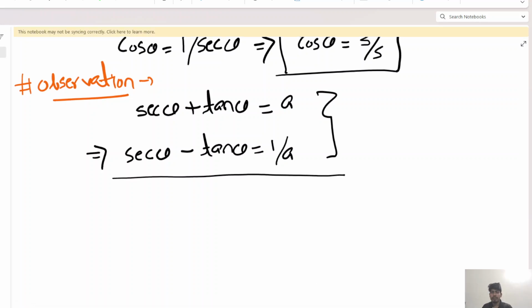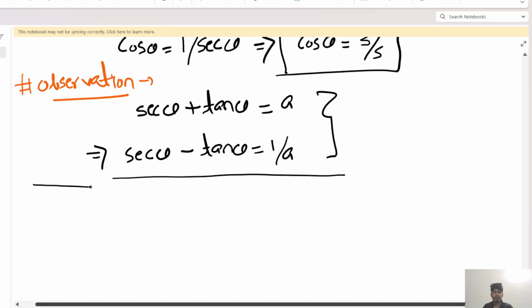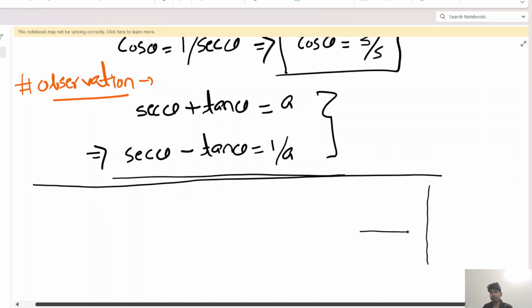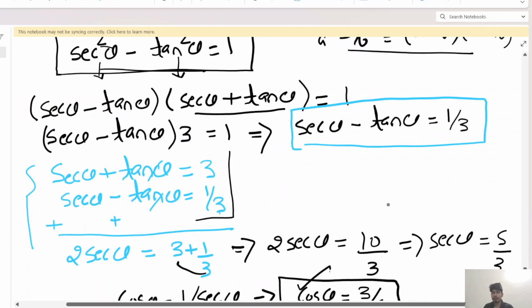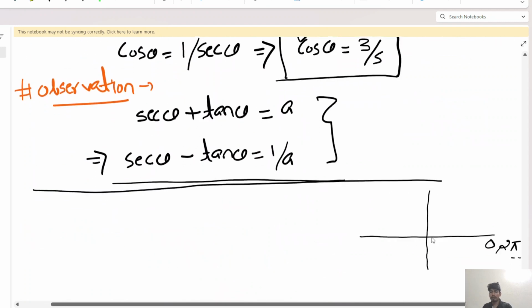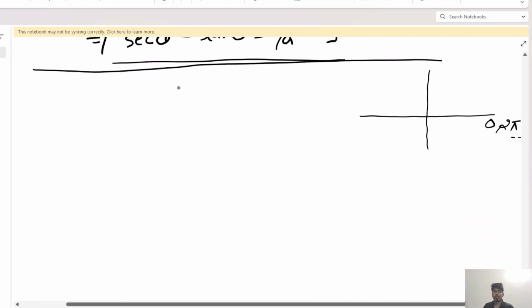Now we will see the value of trigonometric ratios on the graph. Okay, 1 minute, let me take a big graph so that you can easily understand.